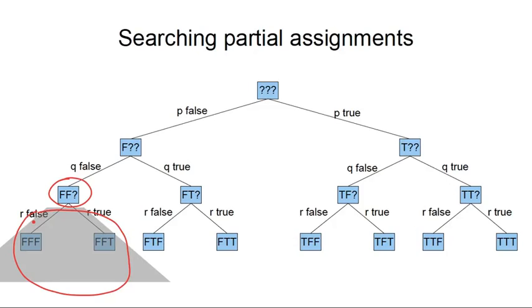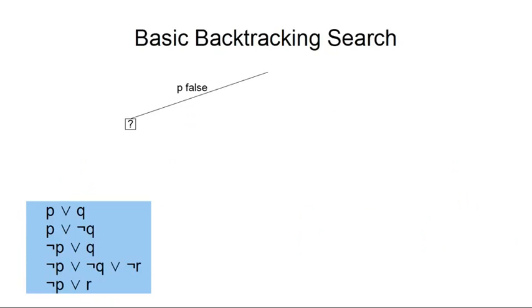In this particular case, we only save ourselves from searching 2 more assignments. But in general, when you have a greater number of propositions, this can be a huge subtree that we're pruning away from our search space. This idea gives rise to the basic backtracking search.